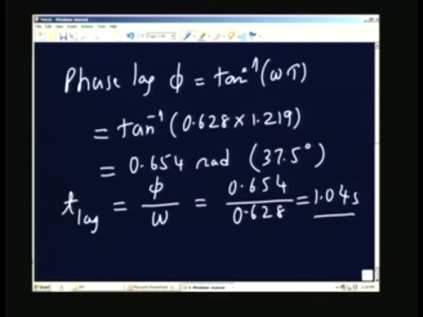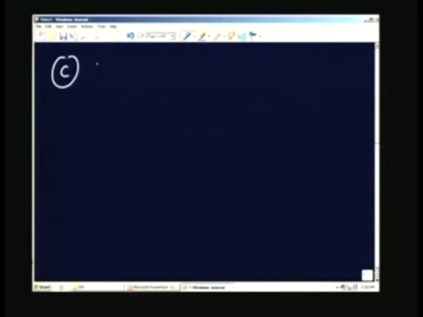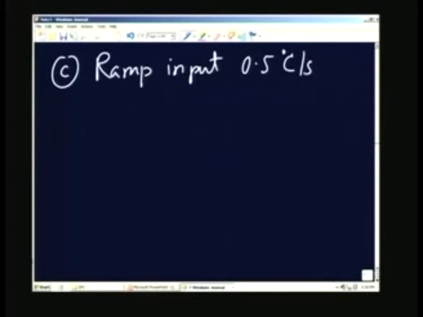And the third case I am going to consider is if there is a ramp input, that means that the temperature T infinity is varying linearly with respect to time at 0.5 degrees Celsius per second. What is the lag in the temperature?